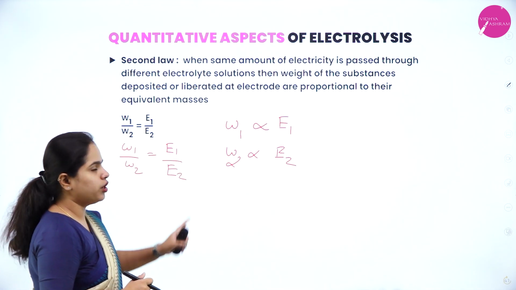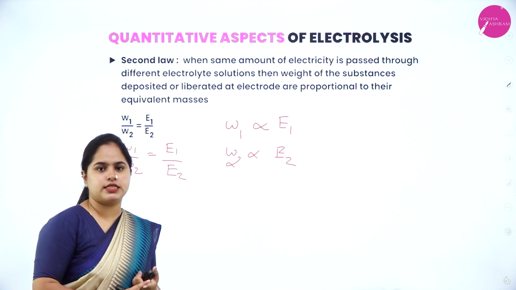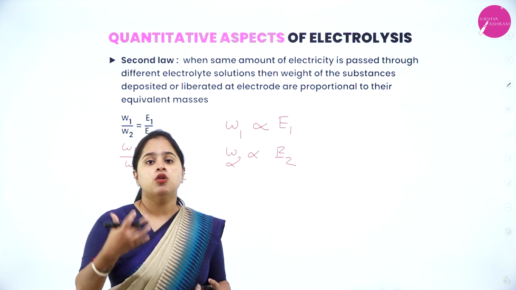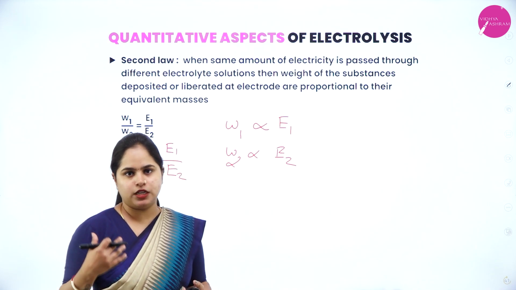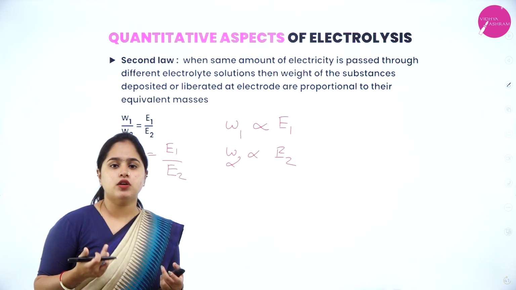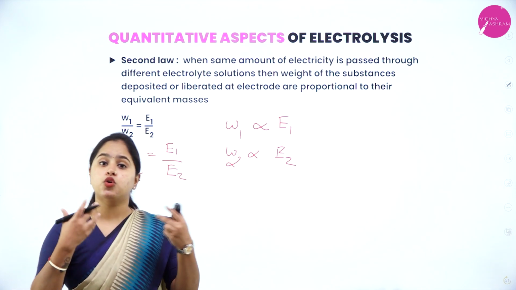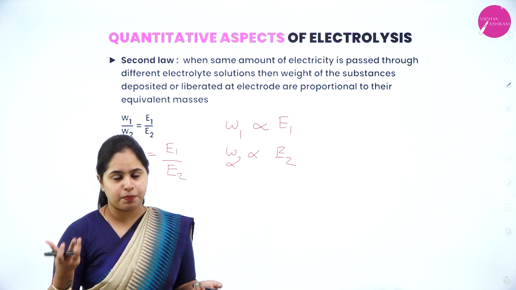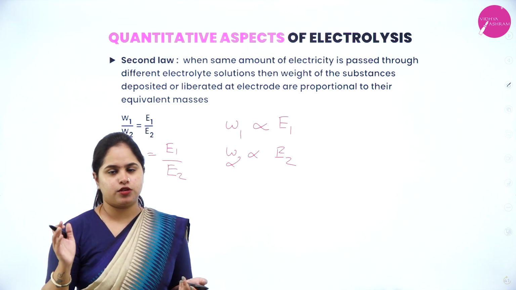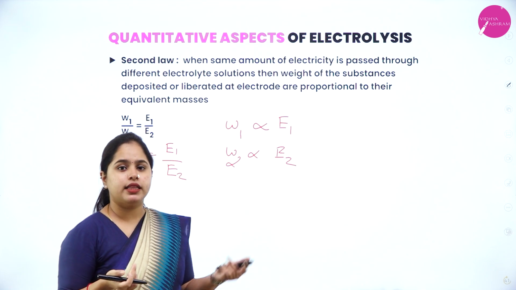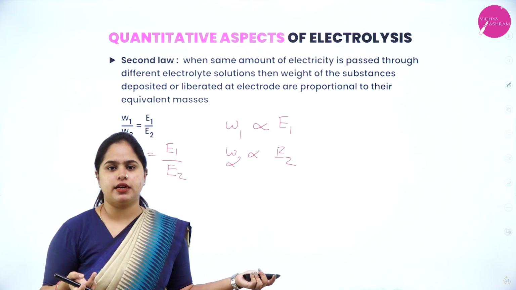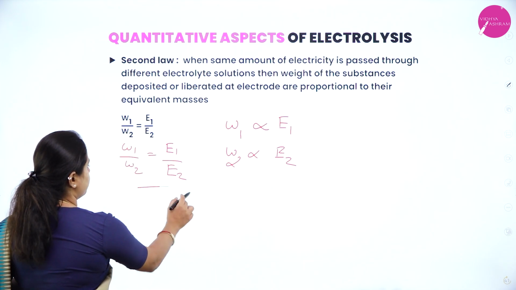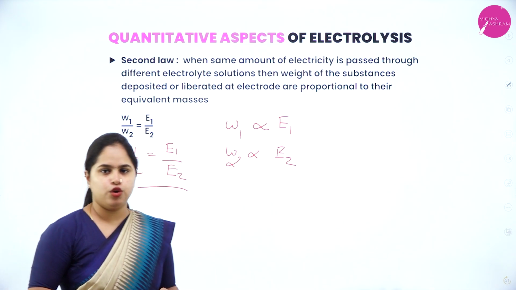So now what you have to remember: the first law says that the mass deposited or liberated is directly proportional to the quantity of electricity passed through the electrolyte solution, and the second law states that if we are taking two different electrolyte solutions and passing the same amount of electricity through both, then the mass deposited or liberated will be directly proportional to their equivalent weights. So we can write it in this form as well, which is important for your numericals.